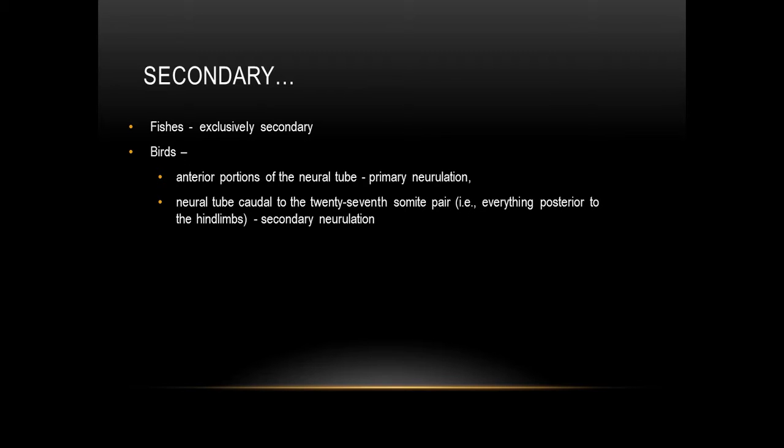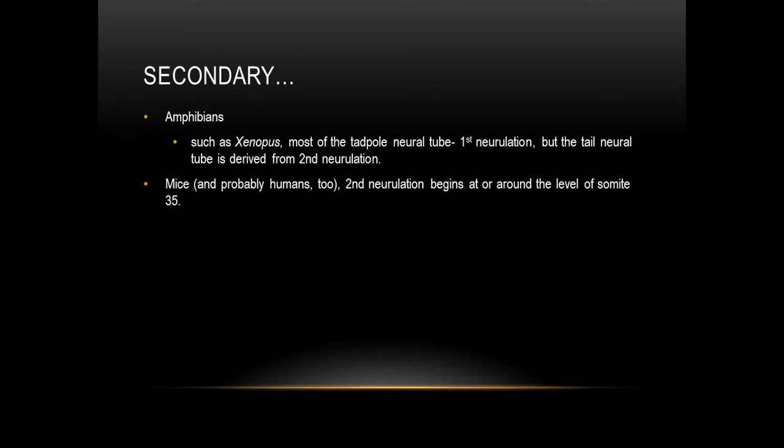In birds, anterior portions of the neural tube are produced by primary neurulation, while the neural tube that will be caudal to the 27th somite pair, so let's say the 27th somite pair has been produced already, everything caudal to it is going to be produced by secondary neurulation.